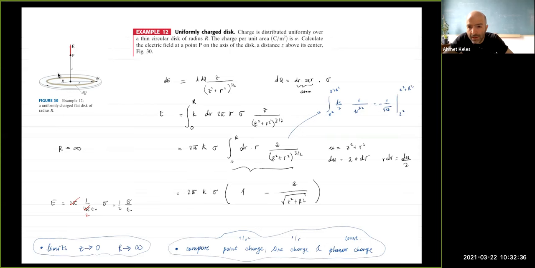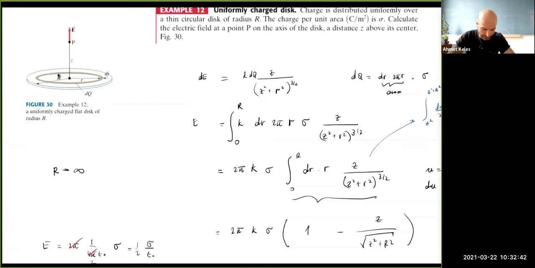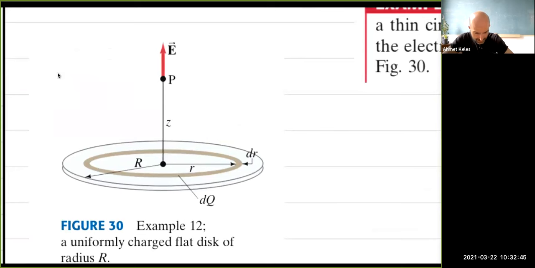Why do we use the limit r goes to infinity? I want to understand the electric field when you are very close to this plane. Of course, one way of doing this is letting z go to 0, or I can just let r go to infinity. I'm interested in this second limit, because I want to see how Coulomb's law changes for a planar charge distribution.